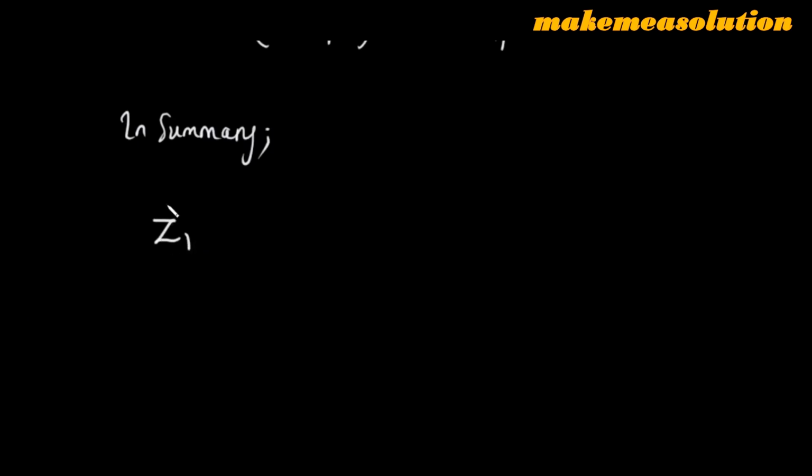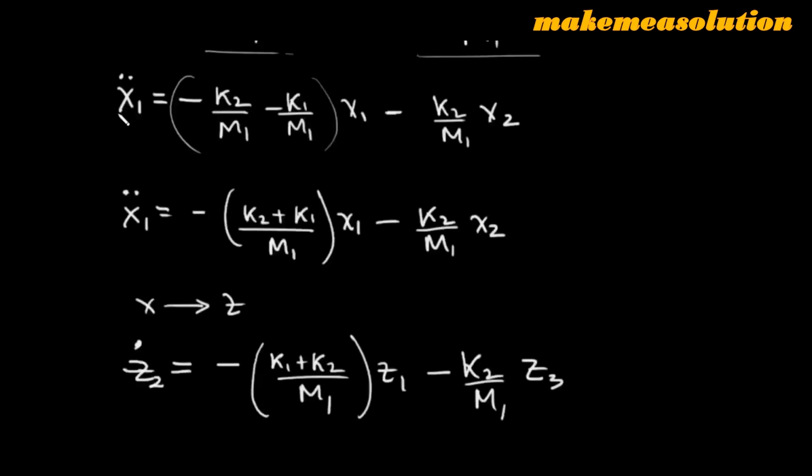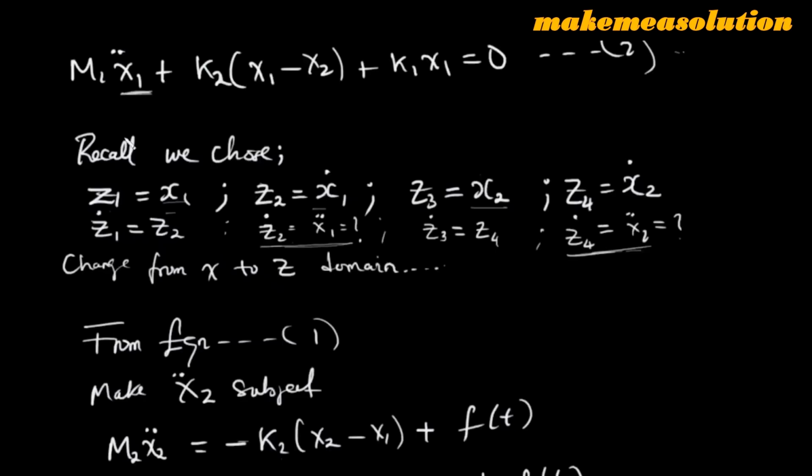My z1 dot was equal to z2, as you can see from this particular place. How did we get it? Just differentiating both sides, you get z1 dot is equal to x1 dot, and x1 dot is equal to z2. That means z1 dot is equal to z2.